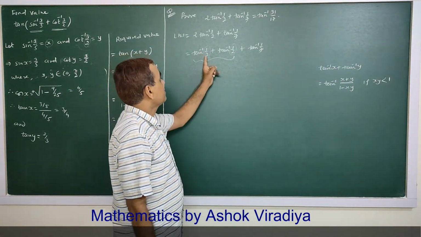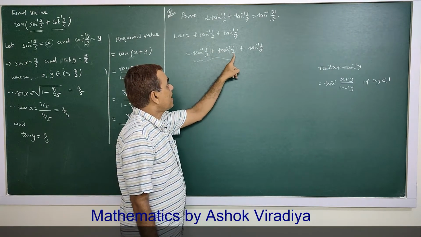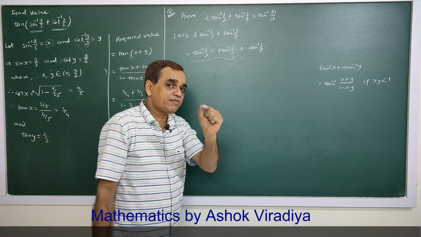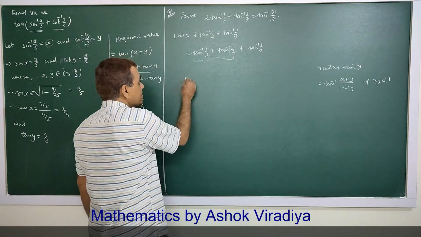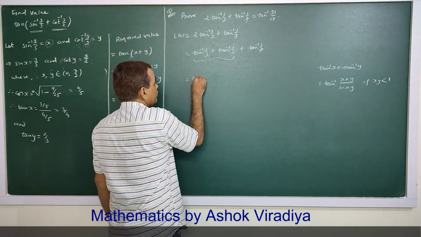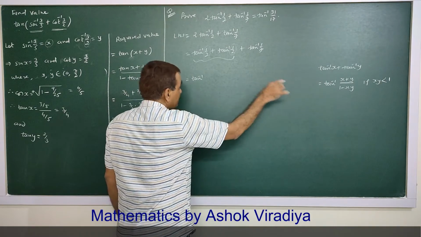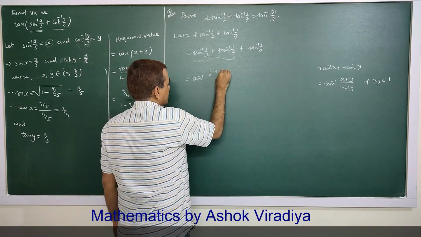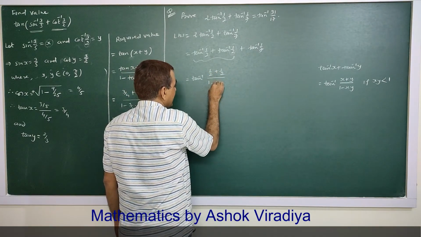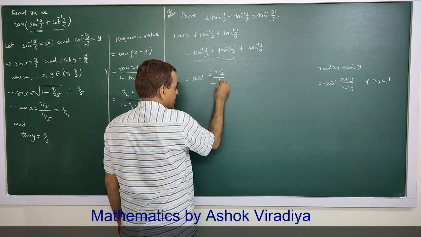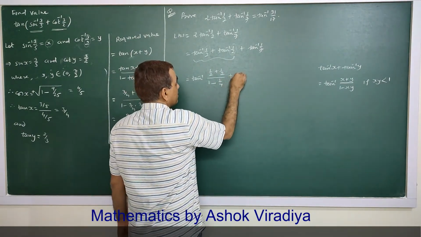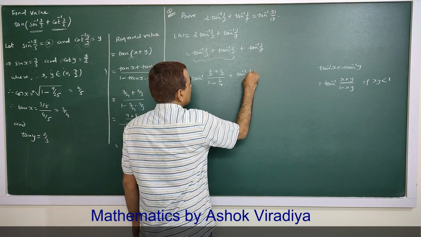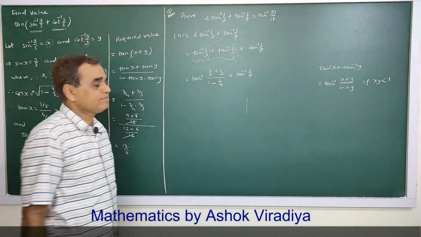So check the product xy. The product is 1 by 4, which is less than 1. So it is equal to tan inverse of (x plus y) upon (1 minus x into y), and the product is 1 by 4, plus tan inverse 1 by 7 as it is.